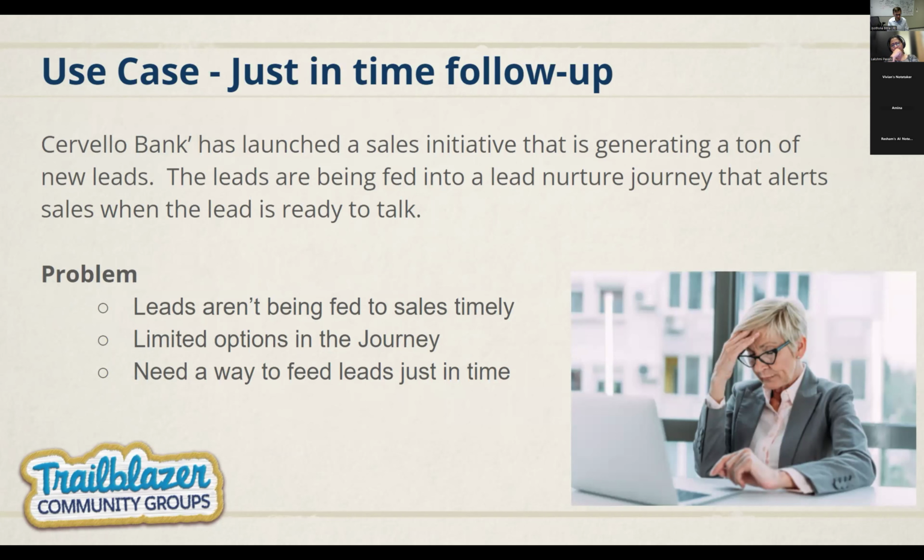So Cervello Bank has launched the sales initiative. They're generating a ton of leads, and the leads are being fed into this lead nurture journey that alerts sales when that lead is ready to talk.